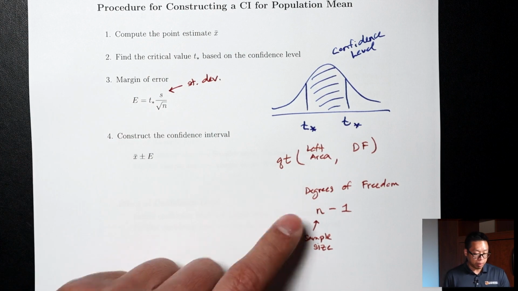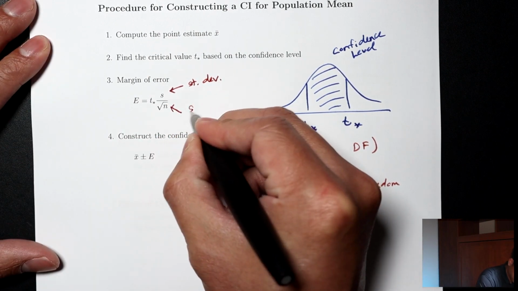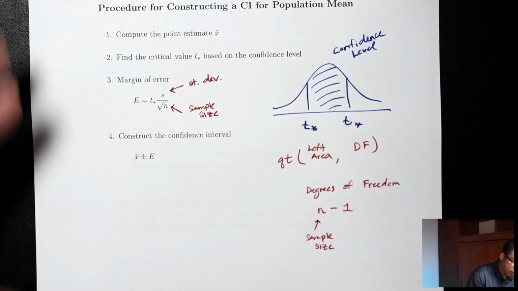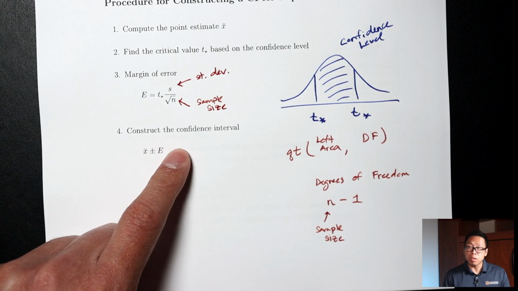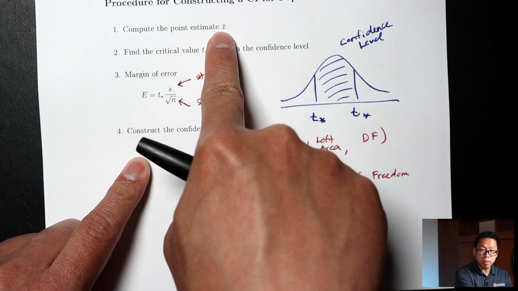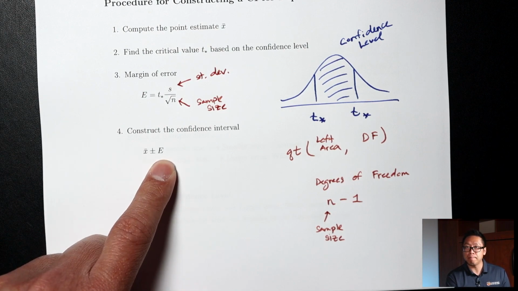And the n, as we said before, is the sample size. Last step is to construct your confidence interval by taking your point estimate, x bar, from step 1, and then adding and subtracting the margin of error, e.